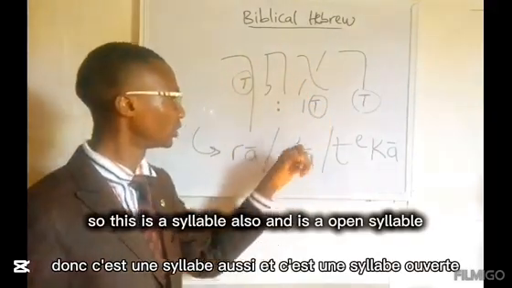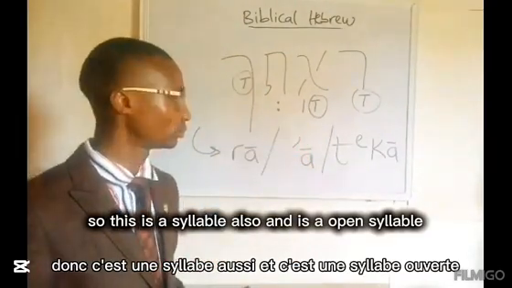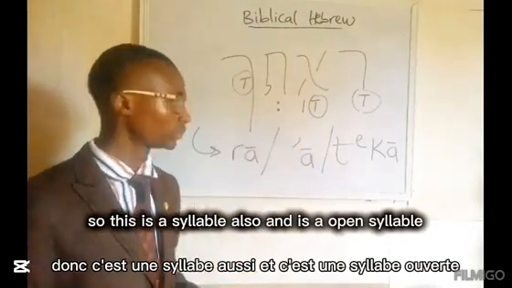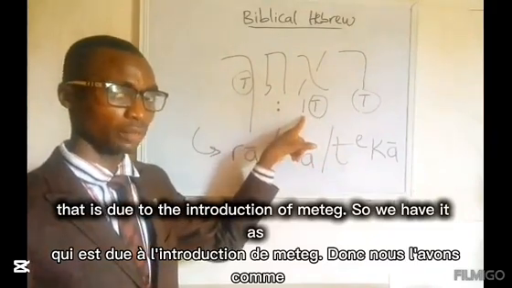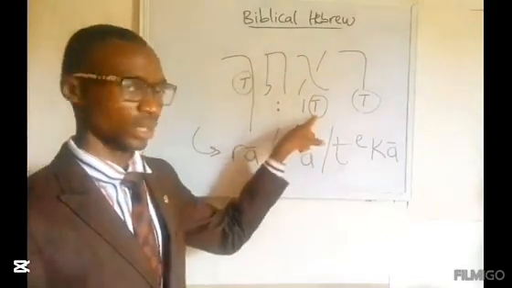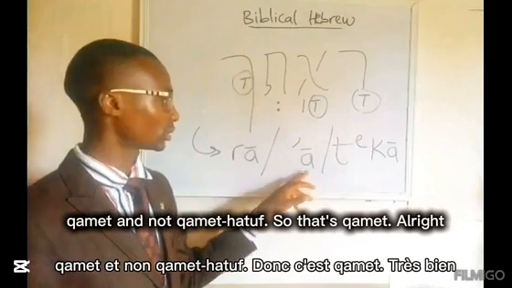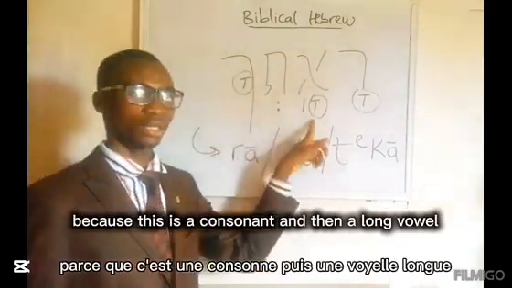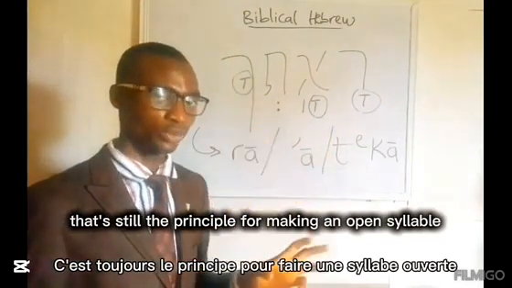So this is an open syllable also, due to the introduction of Meteg. So we have it as Qamet and not as Qamet-hatuf. Because these are consonants and then a long vowel. That's the principle for making an open syllable.